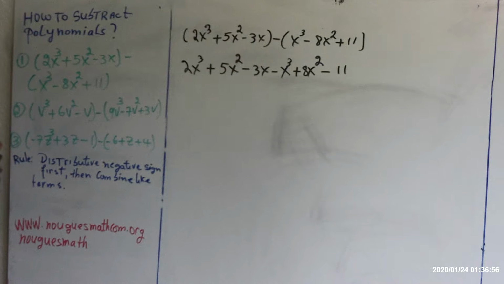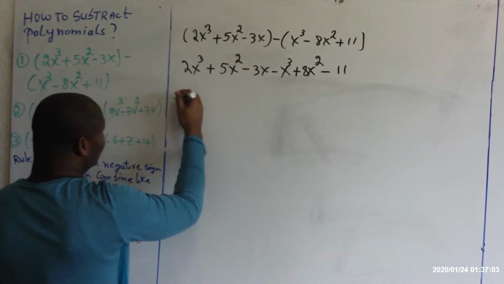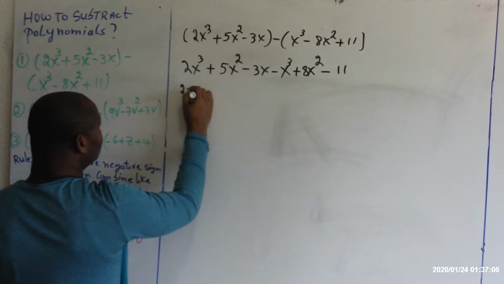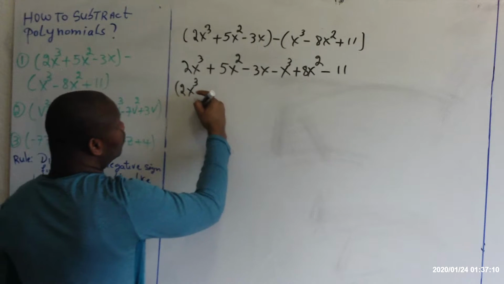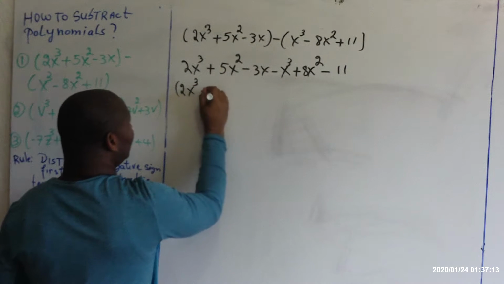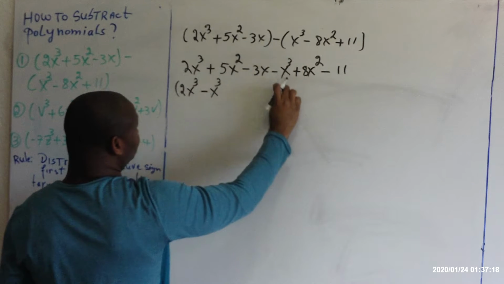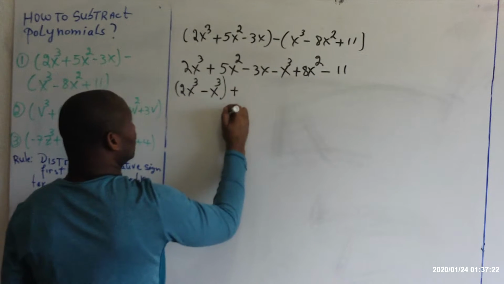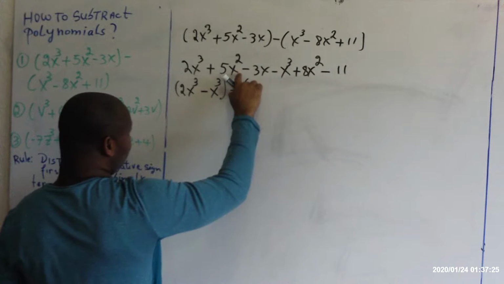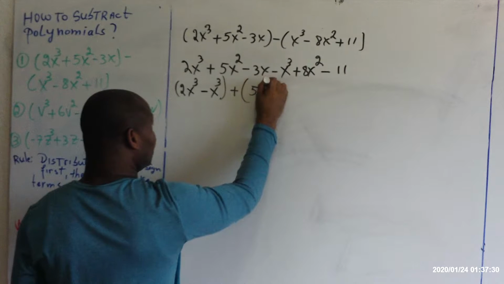Okay? The same way we did for addition of polynomials. So let me combine like terms, and it's going to be 2x to the cube right here, minus x to the cube. Okay, we only have two terms with cube. Now terms with squared. 5x squared.